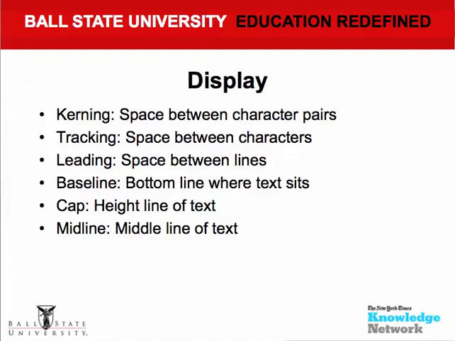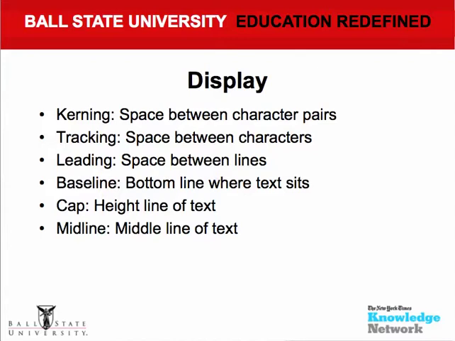So they could set up one word or one sentence, one line, and then they could put a strip of lead and then put the next line under it, and then a strip of lead and then the next line under it, and then they would have a paragraph. So leading refers to that space between the lines because it used to actually be a strip of lead.